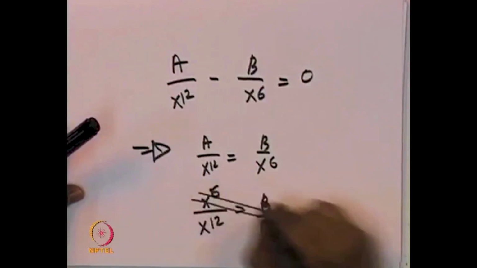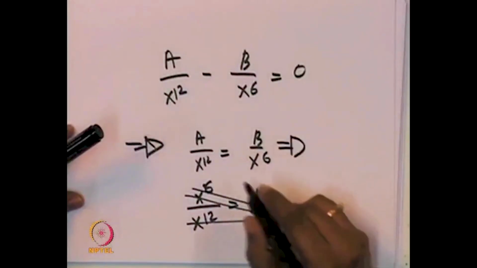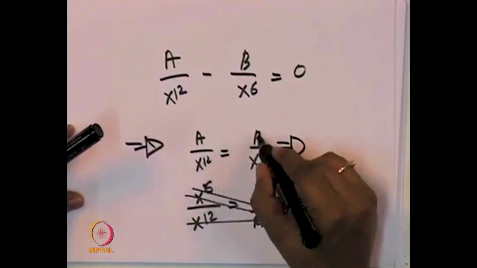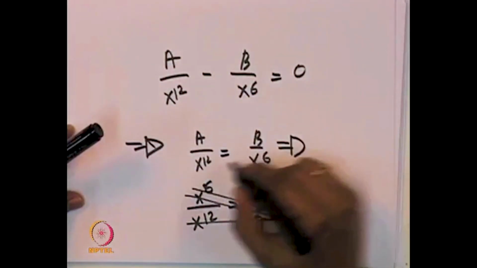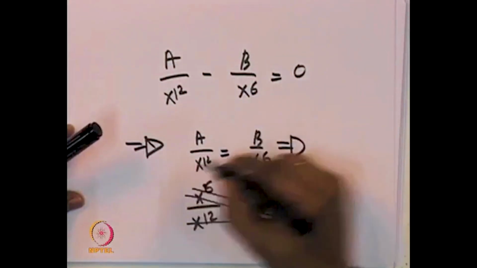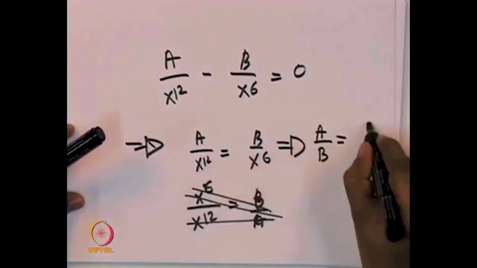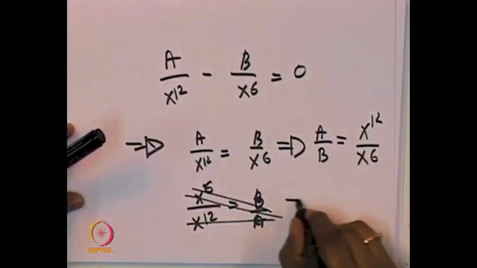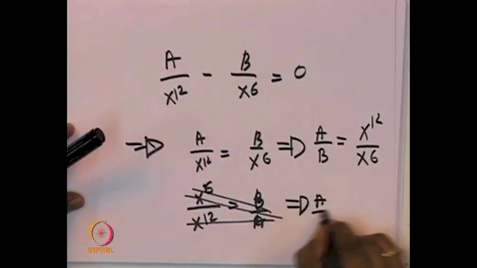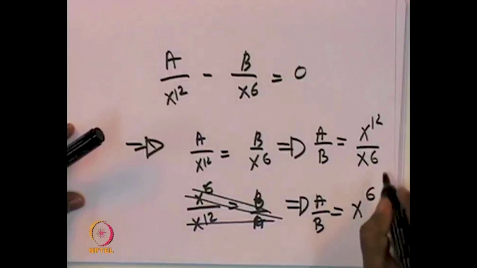Let us do it slowly. This implies I can take x power 12 this side and b this side. So, I can say a by b is equal to x power 12 by x power 6. So, this implies that a by b is x power 6.